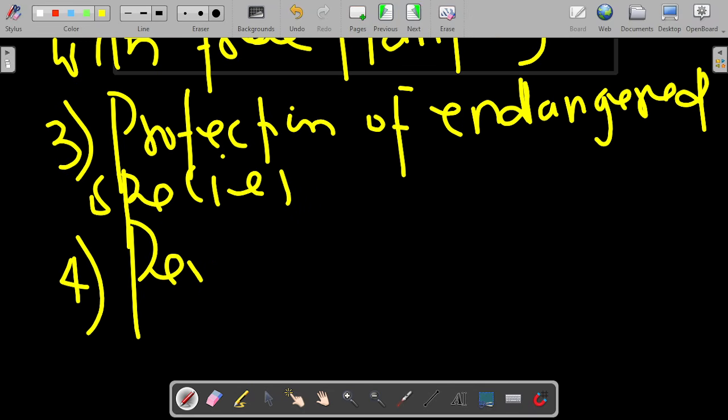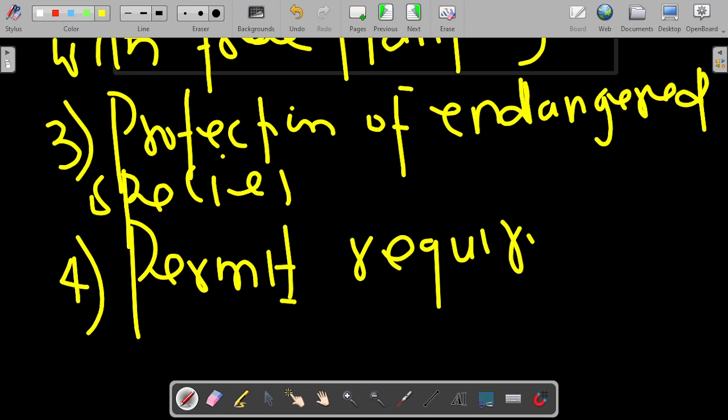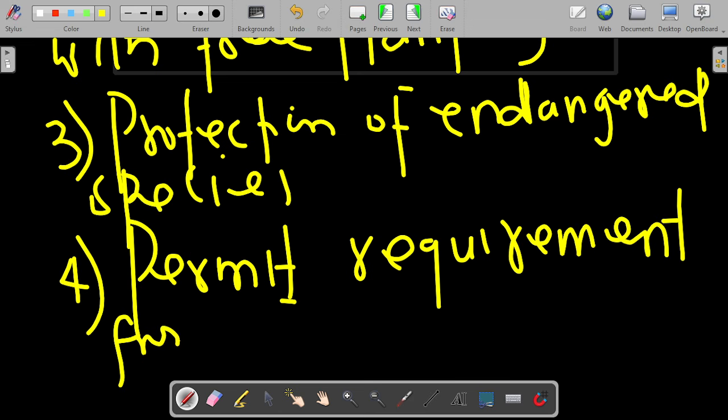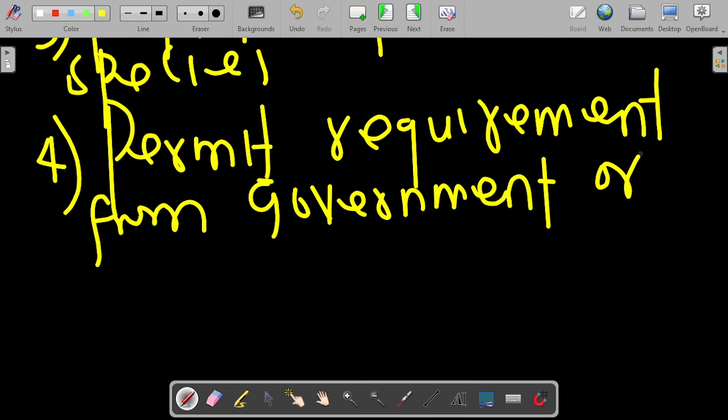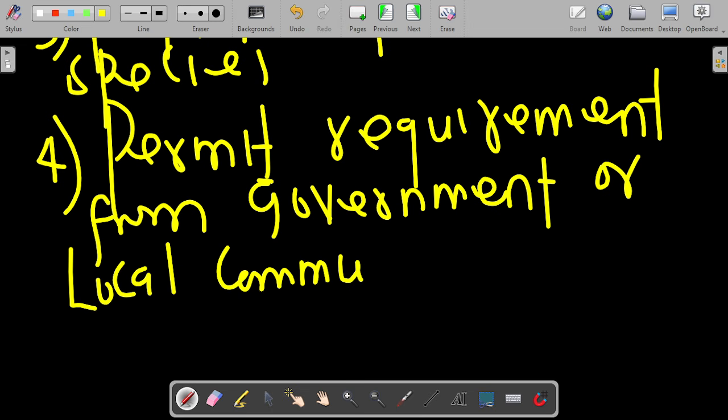Like I said, I don't just walk into any forest and start cutting. So these are some of the points you need to take care of before you enter any forest.